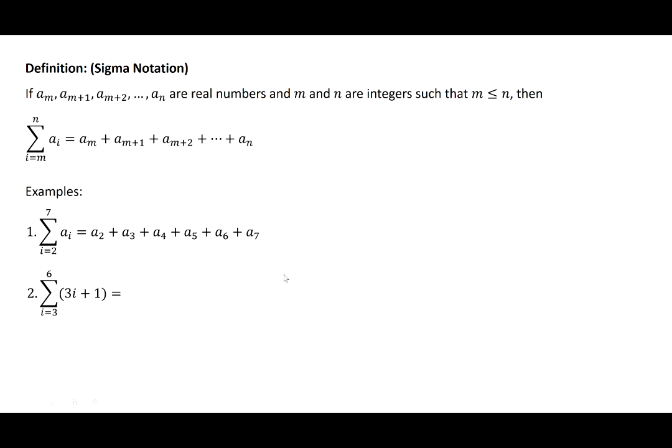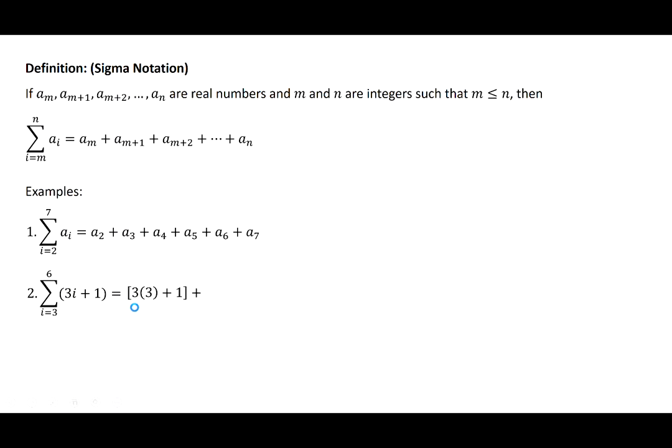What? You can apply sigma notation to something like this? Yeah, you can. So, what is the very first value of i? i should be 3. Take that and come inside and plug that value for i. So, would you agree? The very first term would be 3i, that is 3 times 3, plus 1.